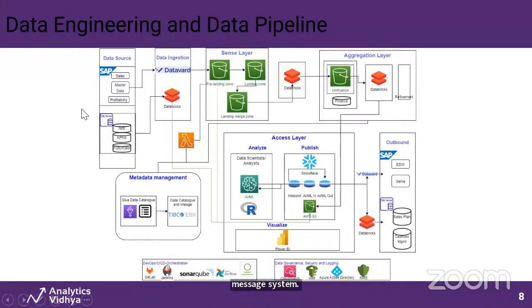So here we can have two mechanisms, either push or pull. In this case, this is a push mechanism. From an SAP data source or SQL Server, if I am a data engineer connecting to the source data and pulling the data to our layer, that is the pull mechanism.